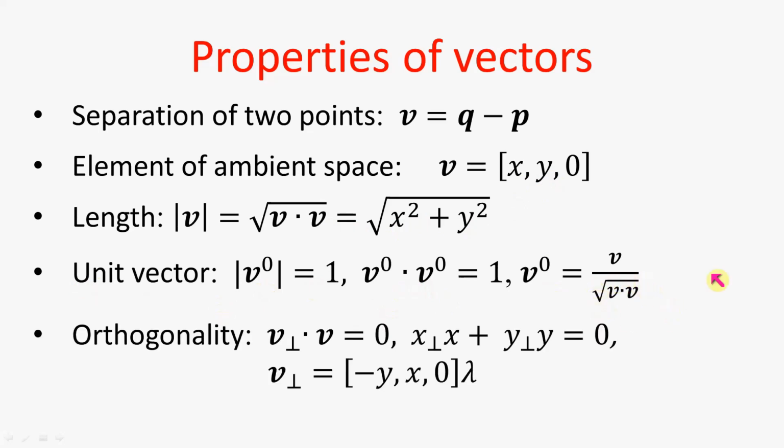If we have a vector v, we can find vectors that are perpendicular to it. 2 vectors are perpendicular if their dot product is 0. Let us denote the components of the perpendicular vector by x perpendicular and y perpendicular, and using the formula of the dot product, the dot product of the orthogonal vector and the original vector can be expressed in this way.